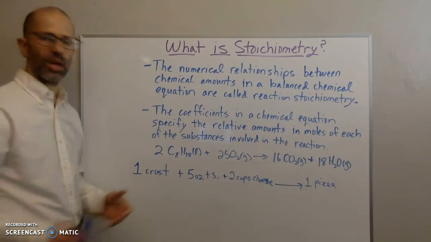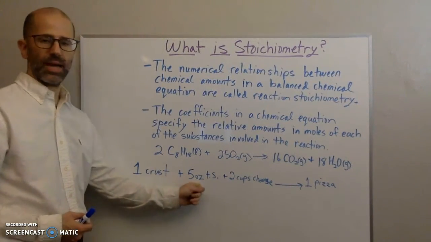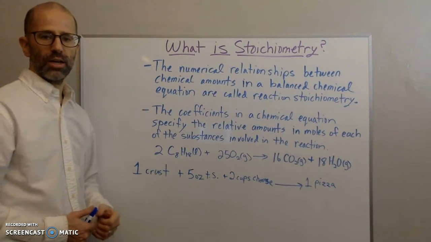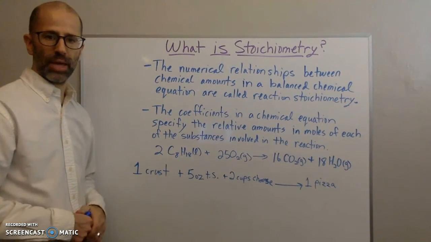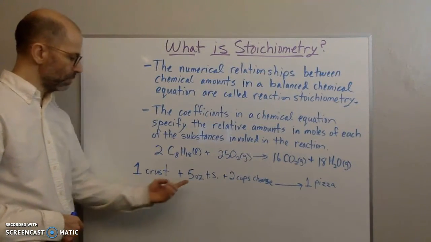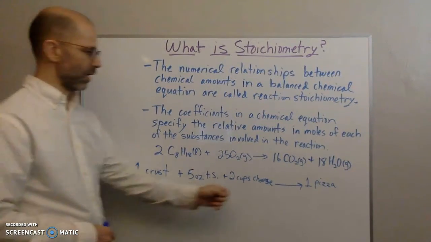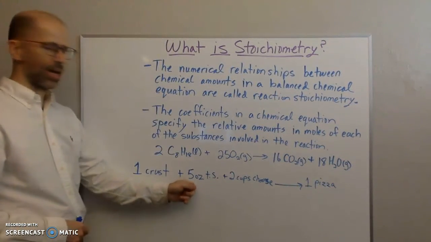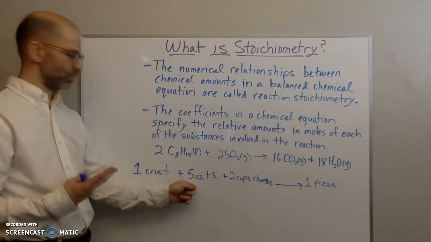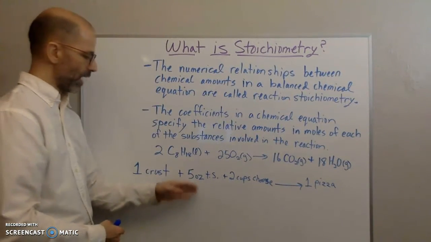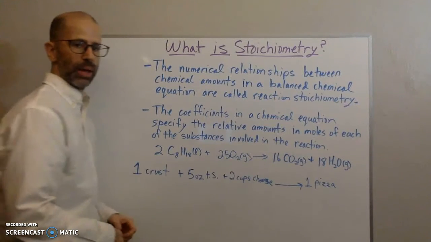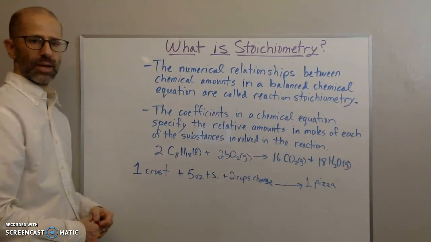So then the question becomes, what if I have 10 ounces of tomato sauce? How many pizzas could I make with 10 ounces? Well, if I need 5 ounces to make 1 pizza, then with 10 ounces, I can make 2 pizzas because it's 5 ounces per 1 pizza.